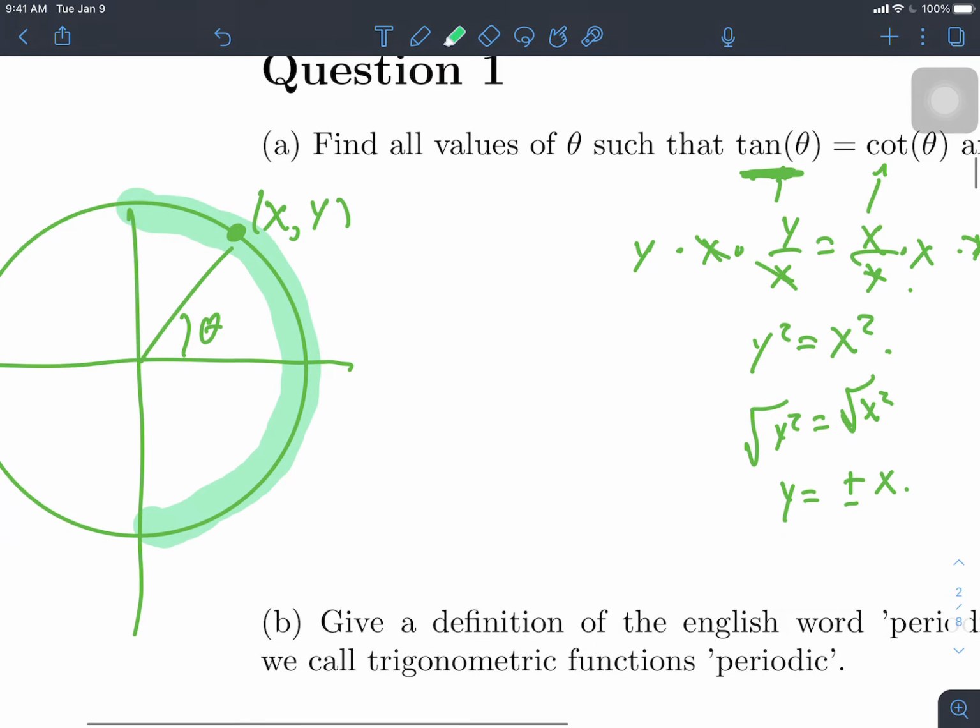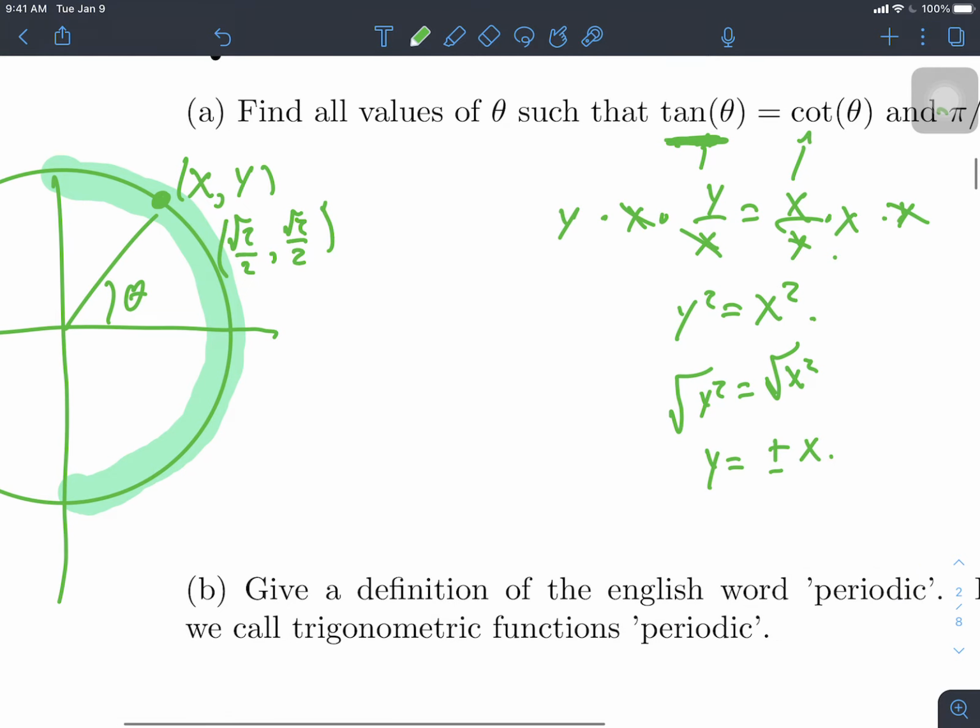It's going to happen in one place when x and y are square root 2 over 2 and square root 2 over 2. And there's one other place where y is equal to negative x, and that's going to happen down here at the point square root 2 over 2, comma, negative square root 2 over 2.